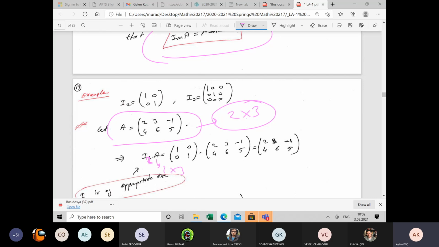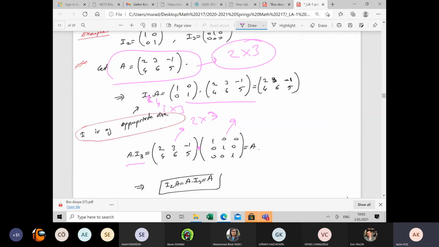It's okay, this one. But look at the other side. Take A times the identity matrix. A is 2 by 3, and we know the identity matrix is a square matrix, so for this product to be defined, this one should be 3 by 3. So the identity matrix of order 3 should be used. It's okay?